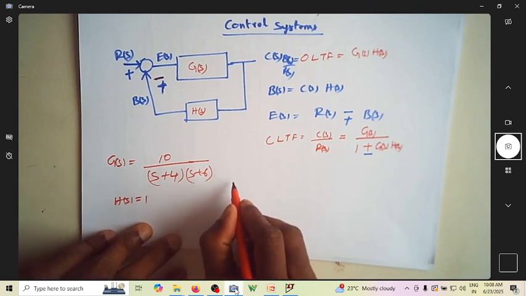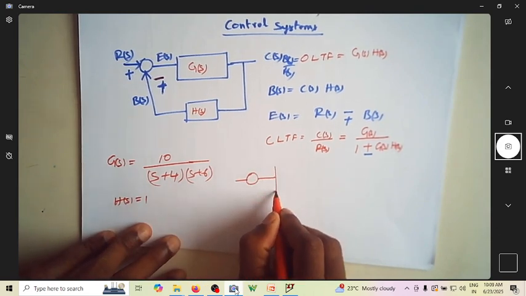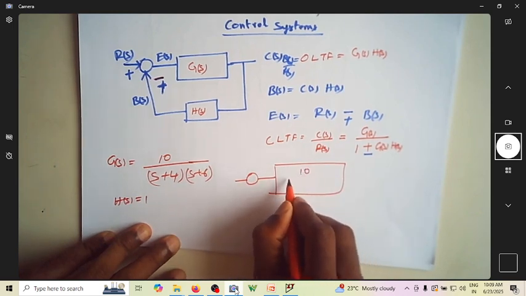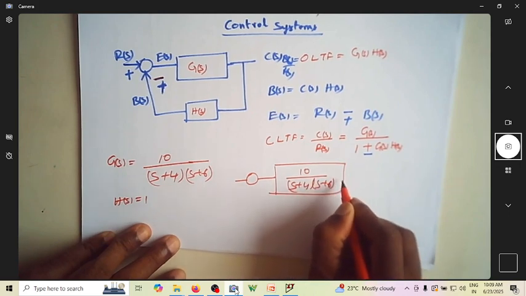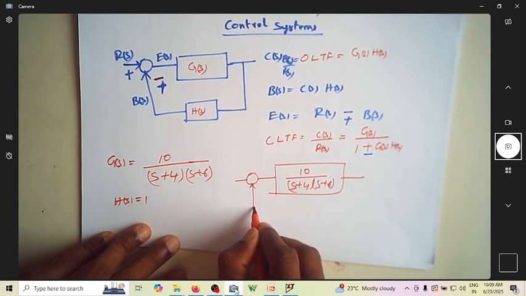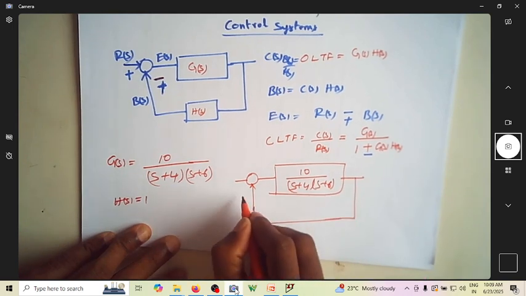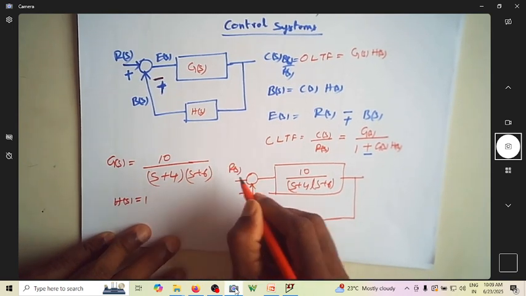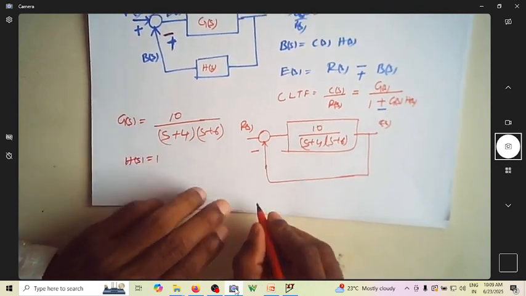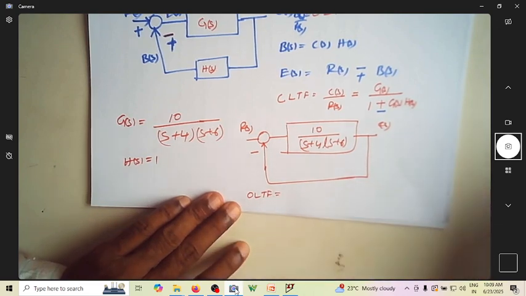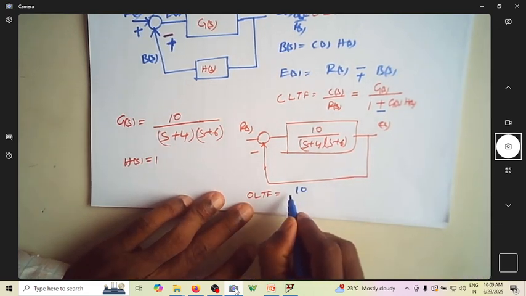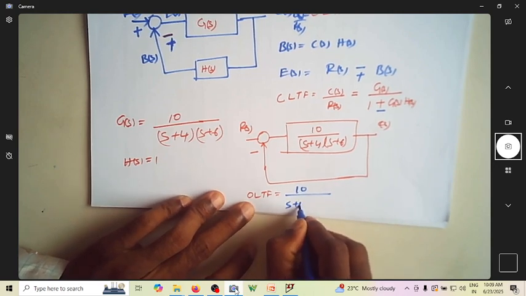If this is a transfer function, then you can write it as something like this: 10 divided by s plus 4, with s plus 6 in the feedback, assuming that this is a negative feedback, this is R(s), this is C(s). The open loop transfer function of this will be 10 divided by s plus 4 and s plus 6.